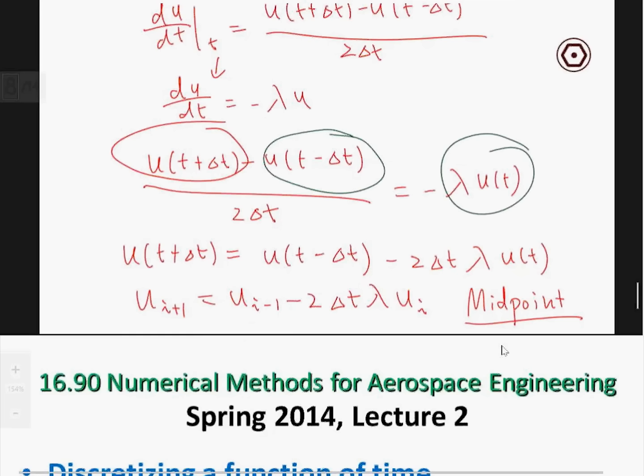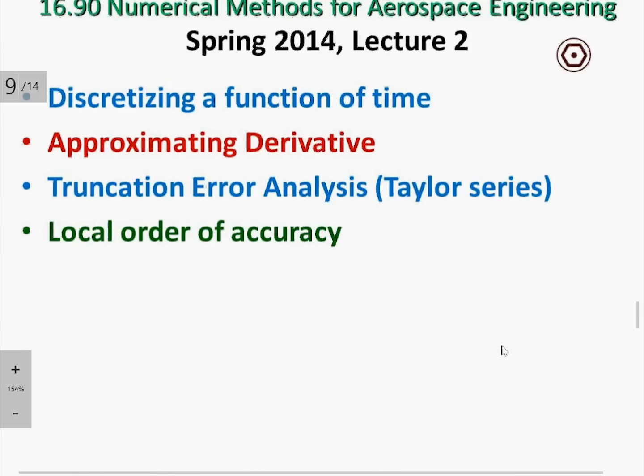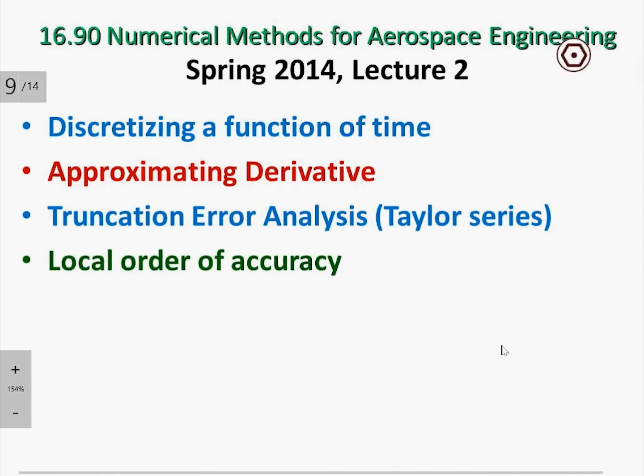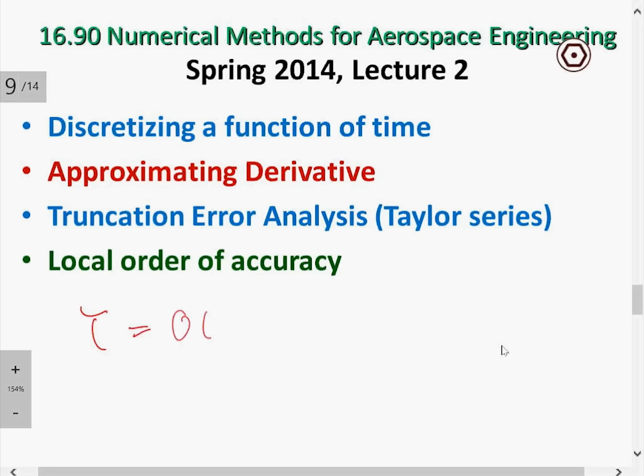Okay. Now, what I want to talk about next is the local order of accuracy, and I'm going to say that the local order of accuracy is how accurately the scheme approximates the time derivative. It is related to what tau is. So, for example, in forward Euler, tau is O of delta t, right? This is what we derived right before we took the break.